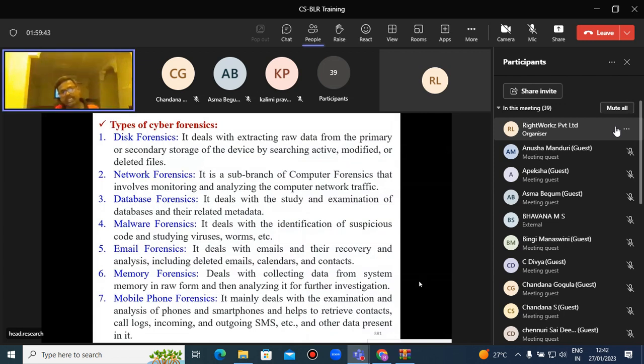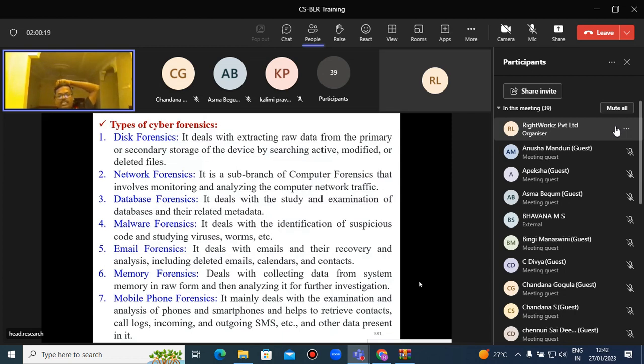Database forensics deals with the study and examination of databases and their related metadata. The fourth one is malware forensics. It deals with the identification of suspicious code and studying viruses, worms, etc. Email forensics deals with emails and their recovery and analysis, including deleted emails, calendars and contacts.